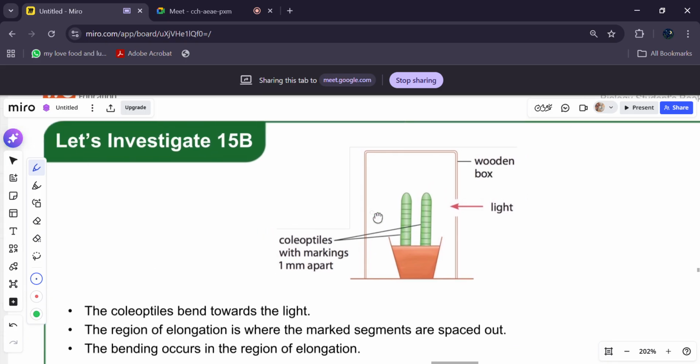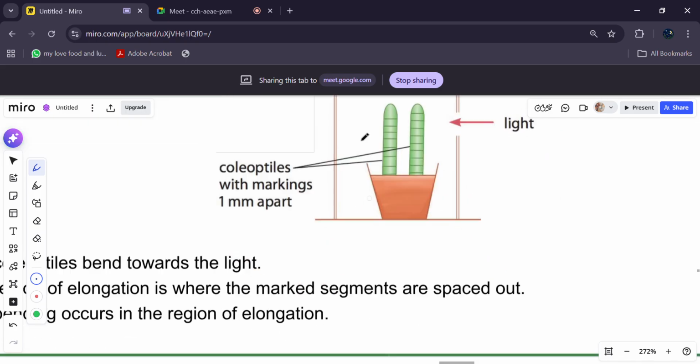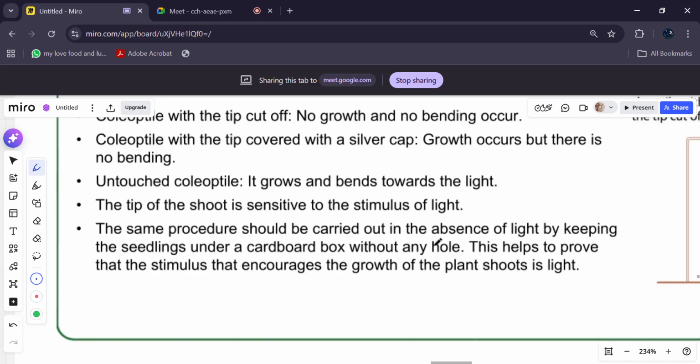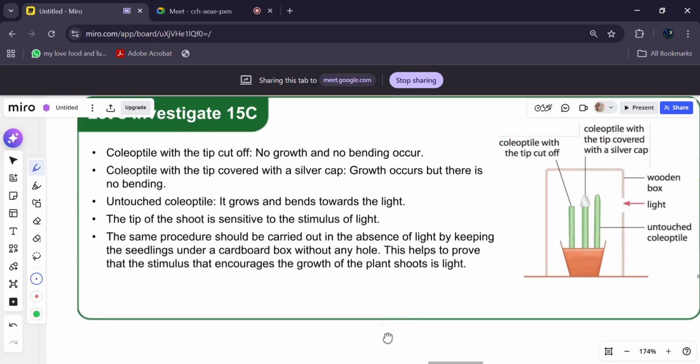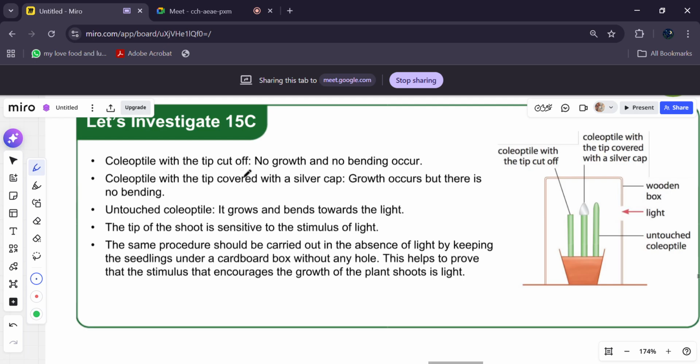The bending occurs in the region of elongation. And here is 15c, a coleoptile with the tip cut off. No growth or bending occurred. It shows that plants do experience sensitivity.